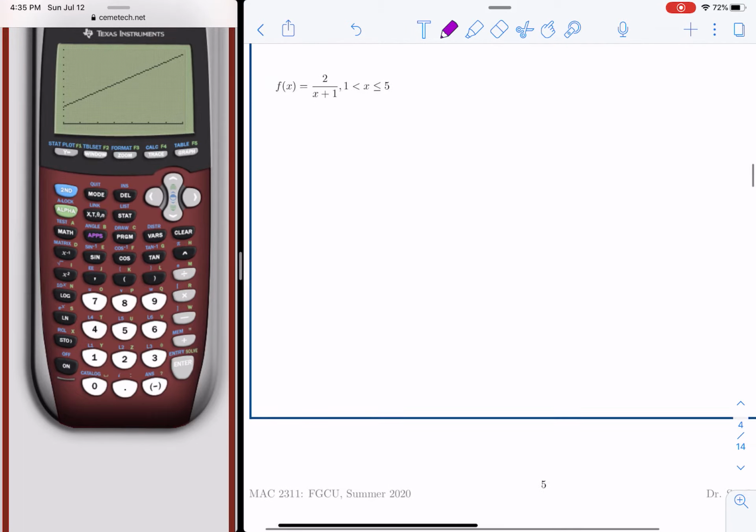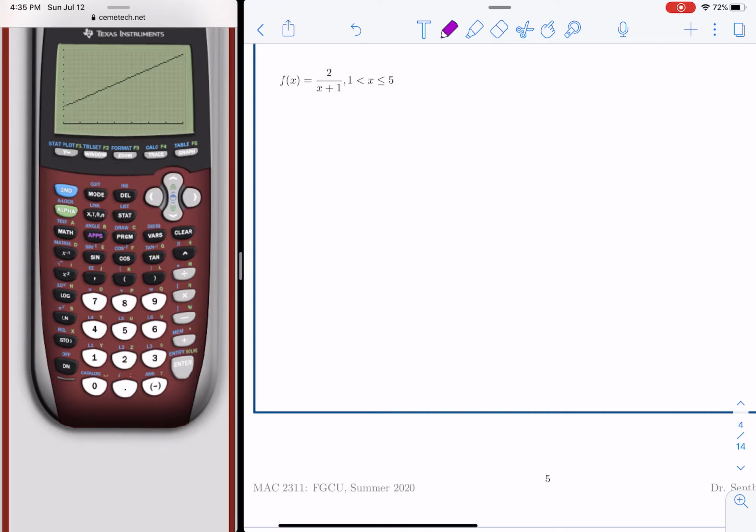So here we have another function, which is f of x is equal to 2 over x plus 1. The domain here, 1 is not included, all the way up to 5. 5 is included. So let's go ahead and graph this.